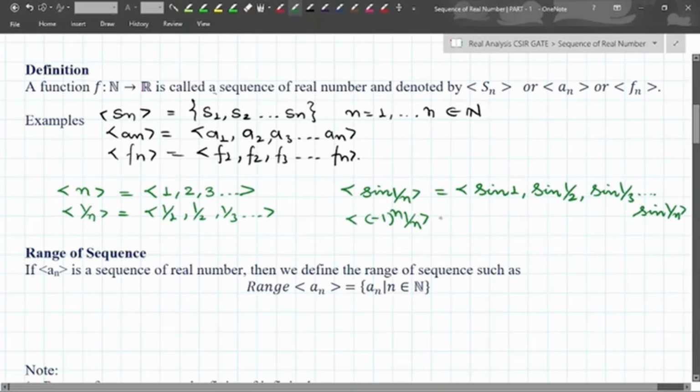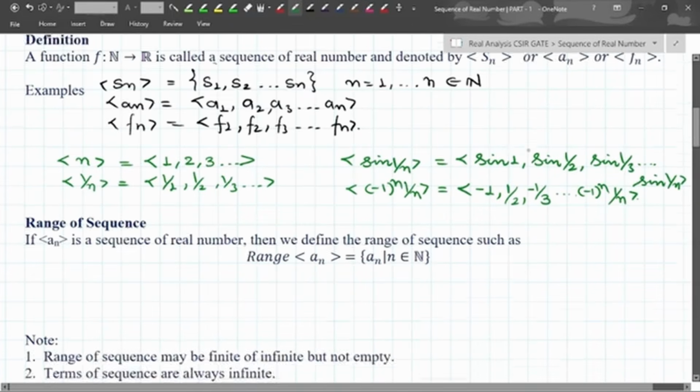If n is 1, then it is minus 1. If n is 2, then it is 1 by 2 positive. If n is 3, then minus 1 by 3. So it goes up to minus 1 power n upon n. All these are examples of sequences, and we'll explore all of them in this video.